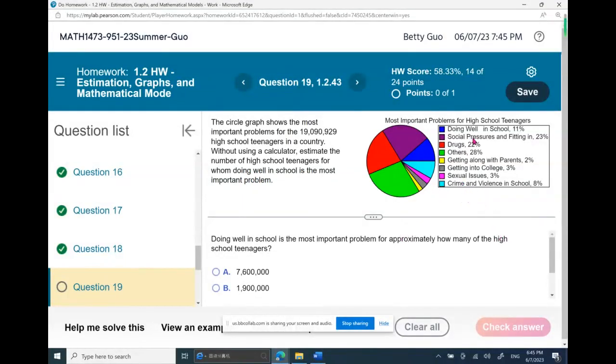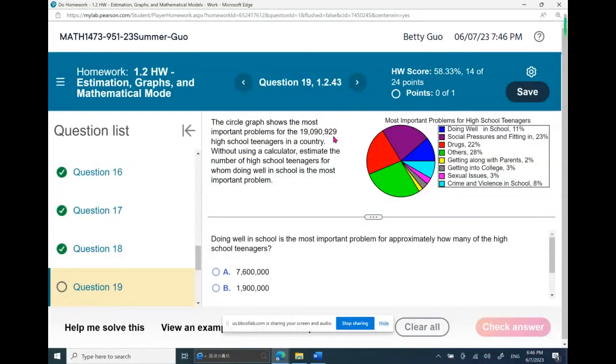Which color is doing well in school? The blue, right? So how do we understand this number, 19,090,929? What does that number represent? All of the students, total, all the people that did the survey, right? Answered the questions. Exactly.